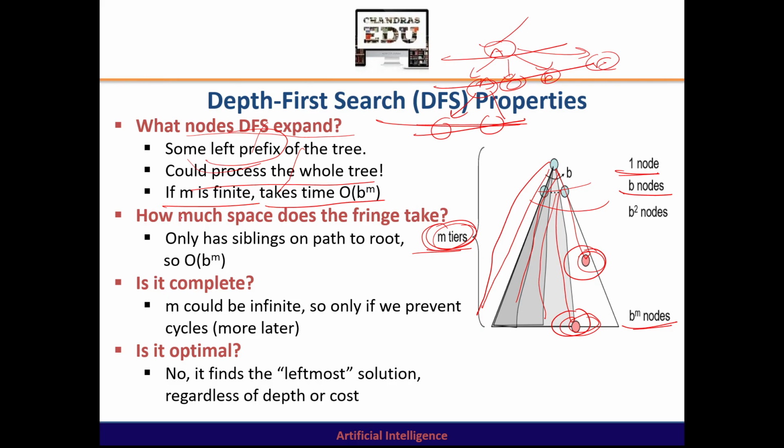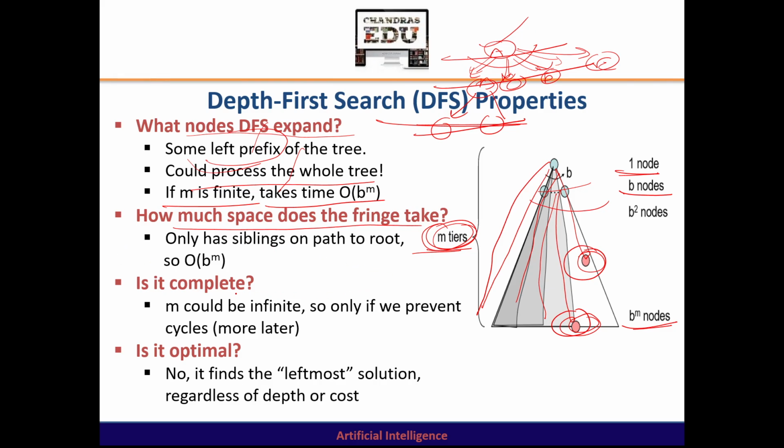Next, how much space does the fringe take? As we discussed, fringe means here if we have A, then whatever arrows we get from A to B, C, D, E, these are the fringes. From the element, whatever arrows are coming, we can call them fringes.